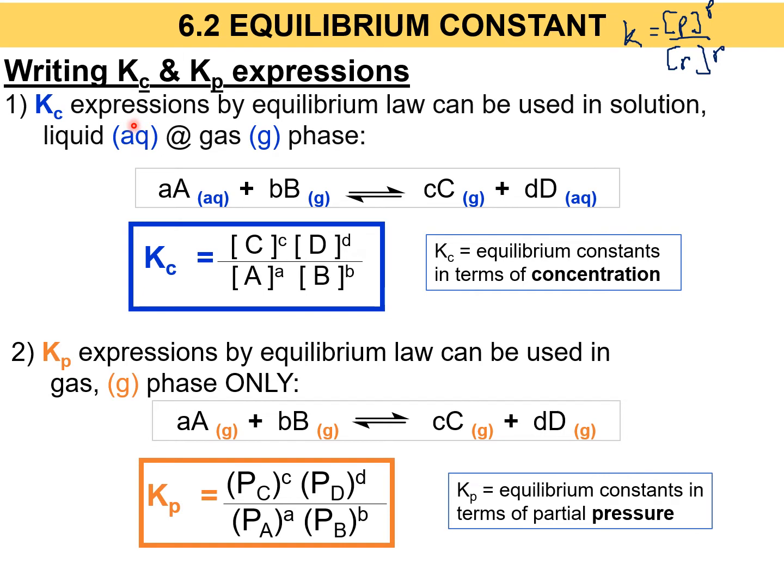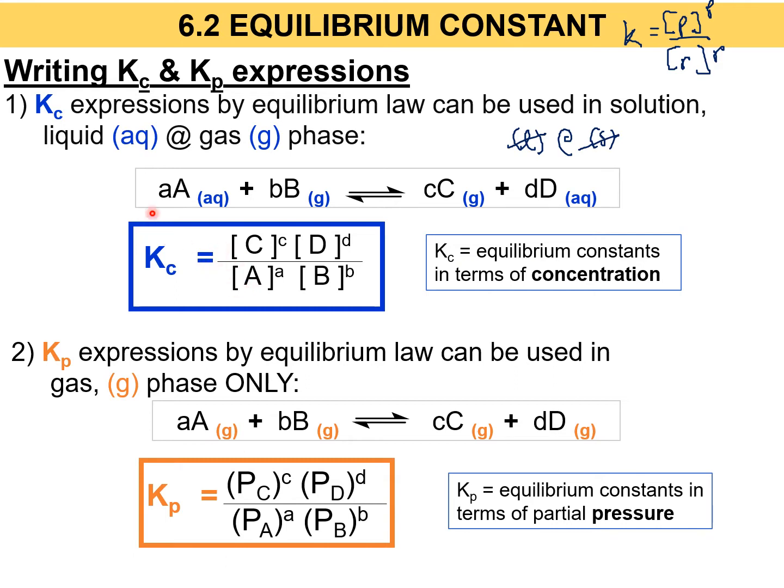So bila you nak build the Kc expression, fasa yang berada dekat reactant dengan produk mestilah sama ada aqueous ataupun gas phase. Kalau let's say dia pure liquid ataupun pure solid, you tak payah write langsung benda tu dekat expression dia.